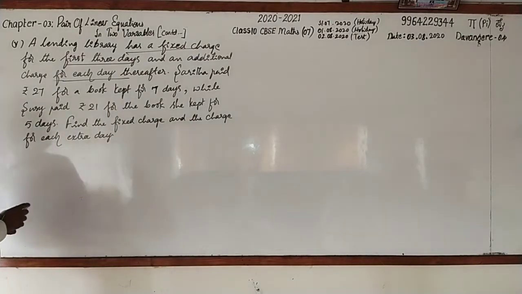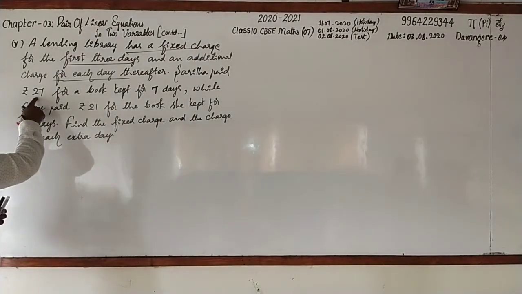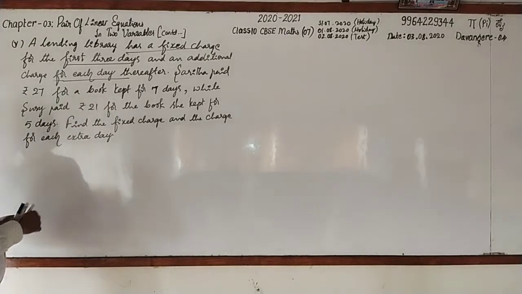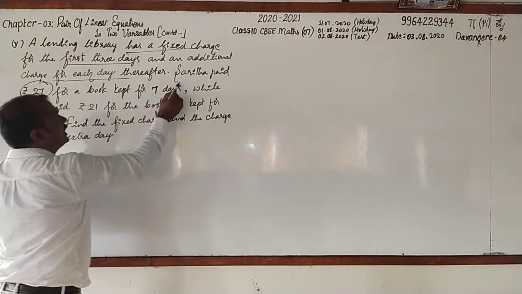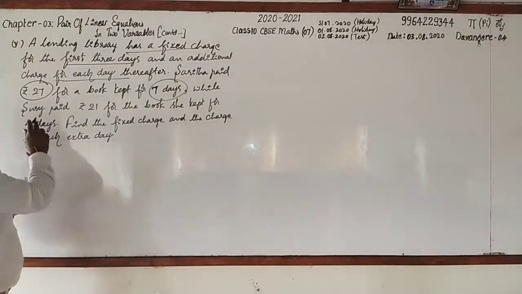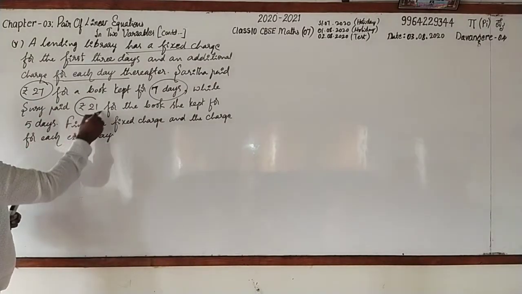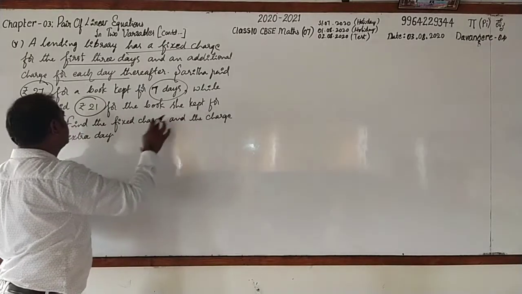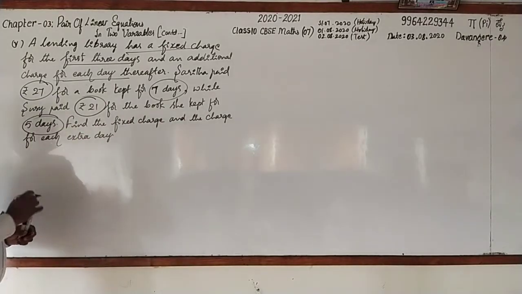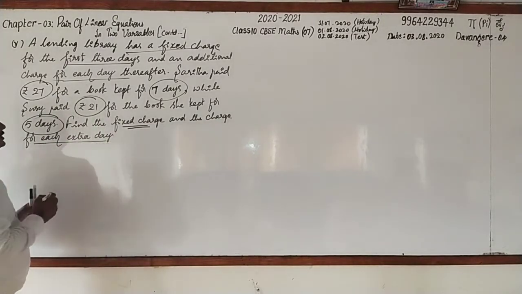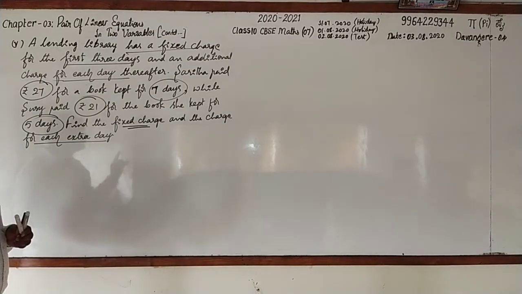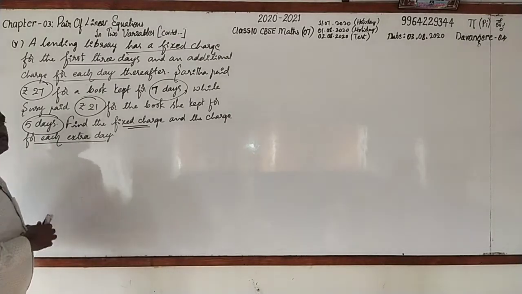Sarita paid rupees 27 for a book she has taken for 7 days, while Susie paid rupees 21 for the book she kept for 5 days. Then find the fixed charge and the charge for each extra day. Clear? Hope that you have understood.